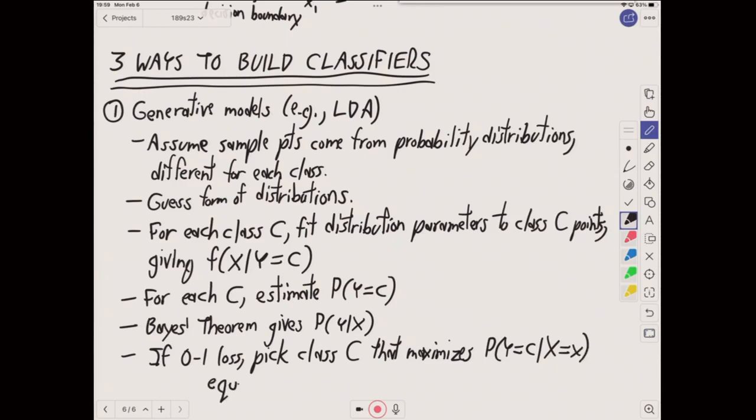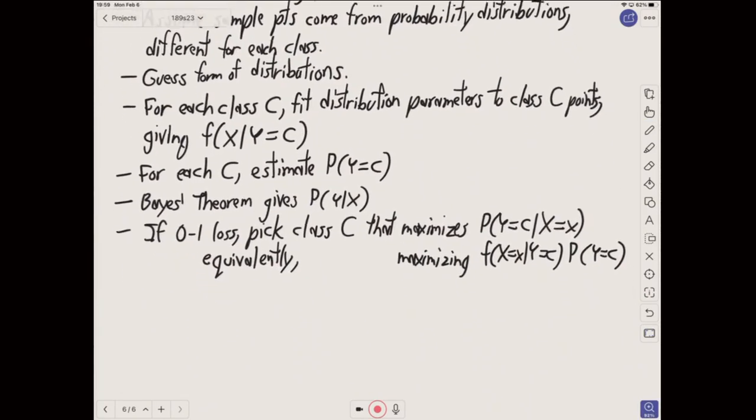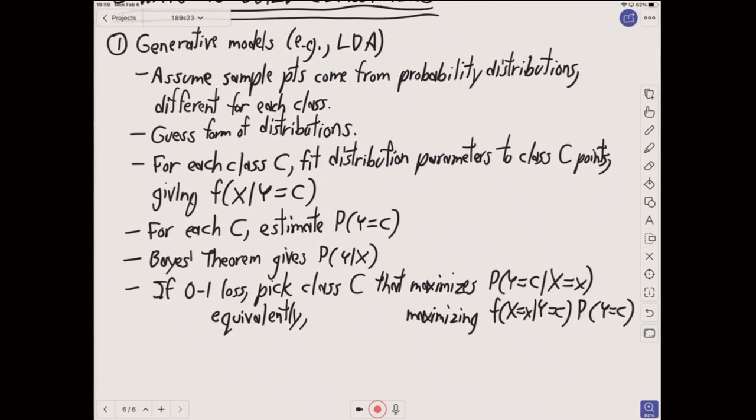Now, that is equivalent to maximizing the class conditional distribution value times the prior probability. So that's the most complicated of these 3 types of models, in a sense.